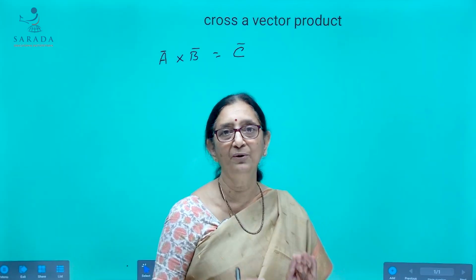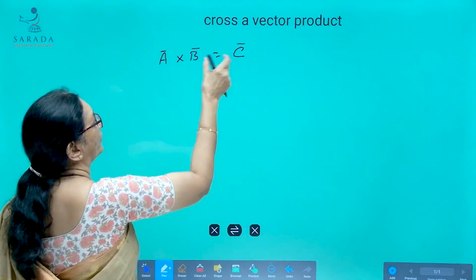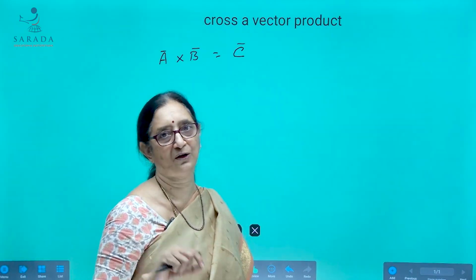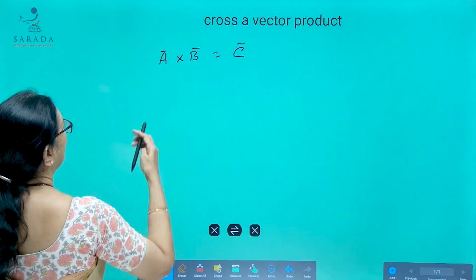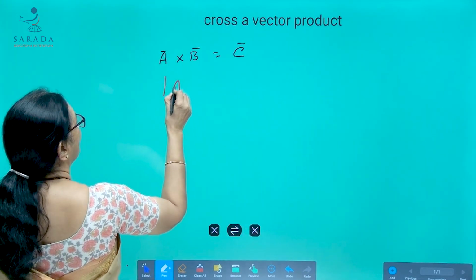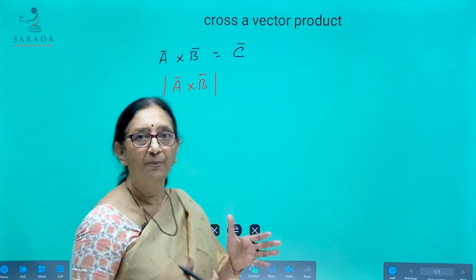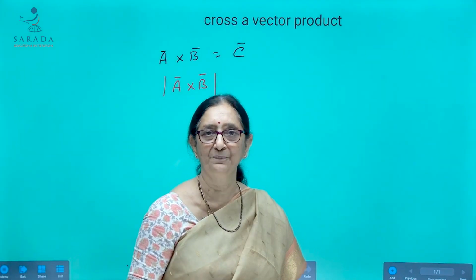So we have to mention the magnitude of the cross product of two vectors and also the direction of the cross product of two vectors. So the magnitude of the cross product of two vectors is represented by modulus of A bar cross B bar.